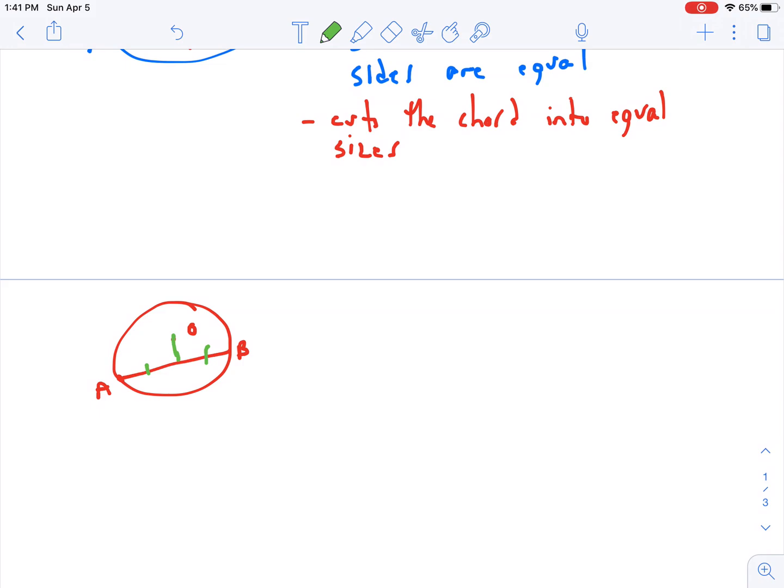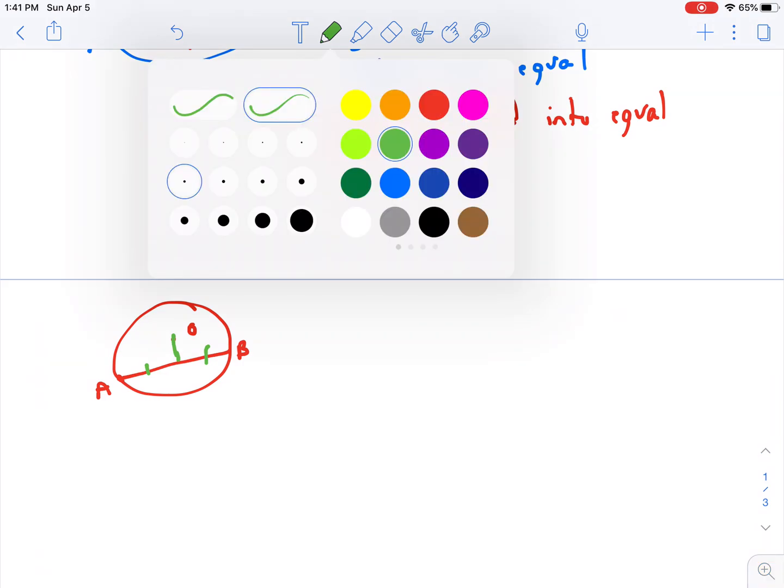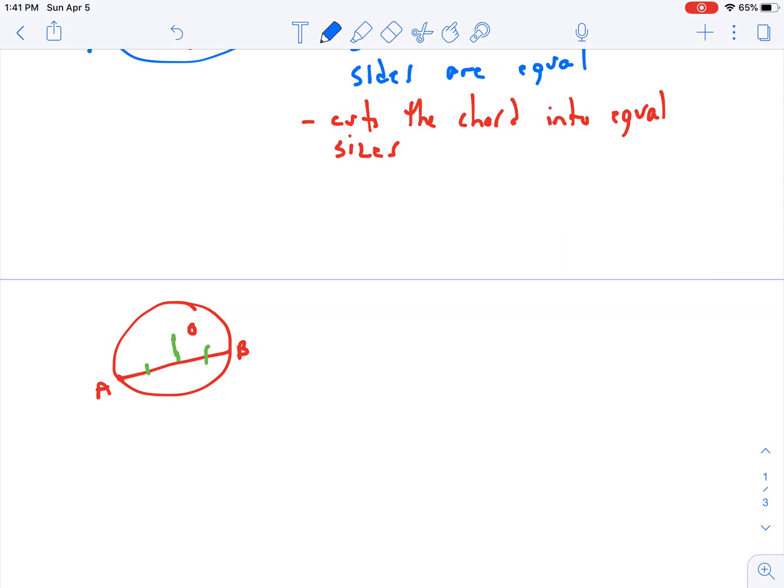Knowing that, you can infer that this has to be 90 degrees because the two line segments are the same. The chord has been bisected. So if the chord is bisected, then there is a 90 degree angle.